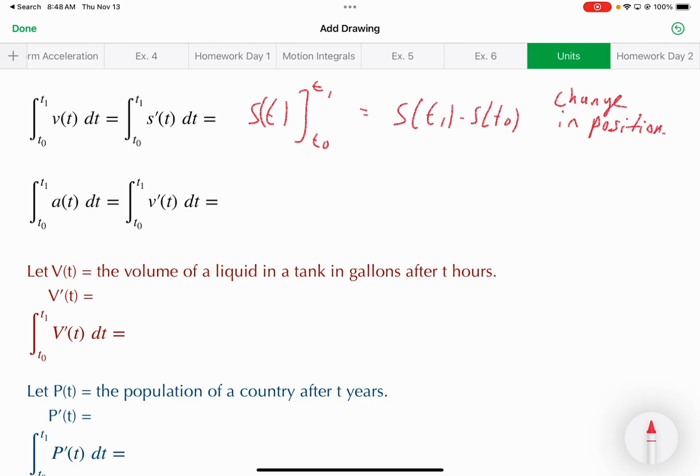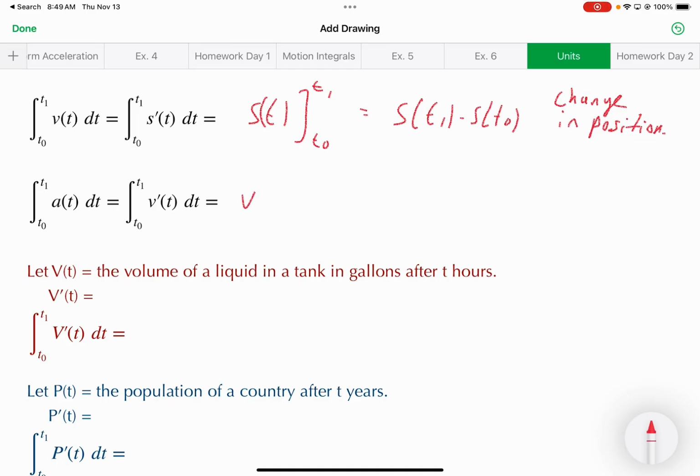In other applications, if you integrate the rate at which something occurs, it will tell you the amount over that interval. So if I'm integrating meters per second, the value I get represents the amount of meters that I traveled during that time interval. And acceleration is just the derivative of my velocity.